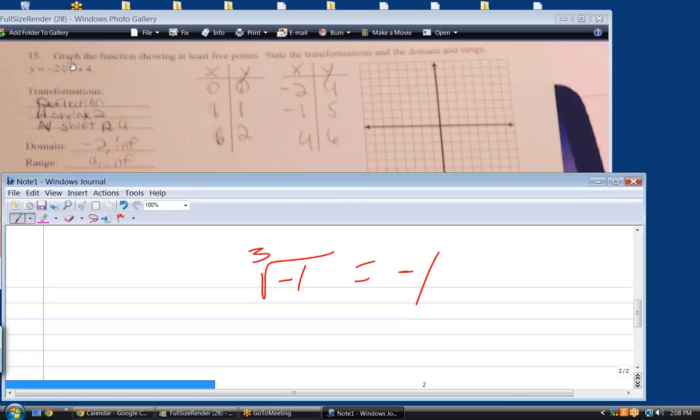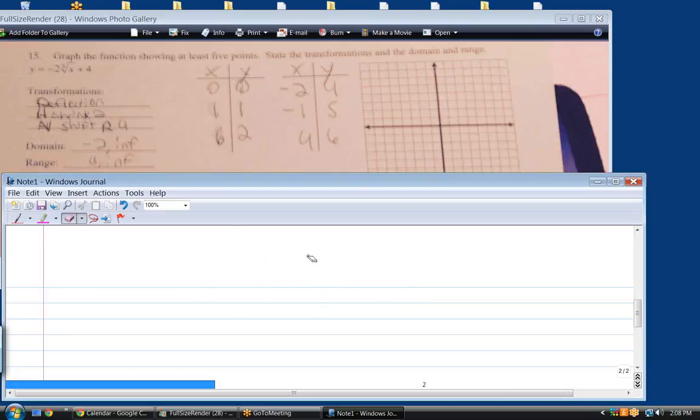So now, what's -1 times -2? 2. And what's 2 plus 4? 6. So cross this one out, because we don't want that one. And when x is -1, y is 6.